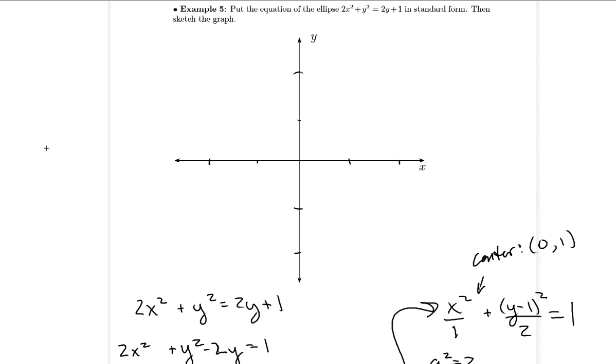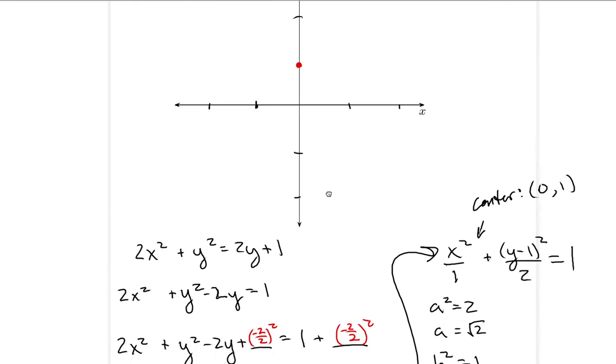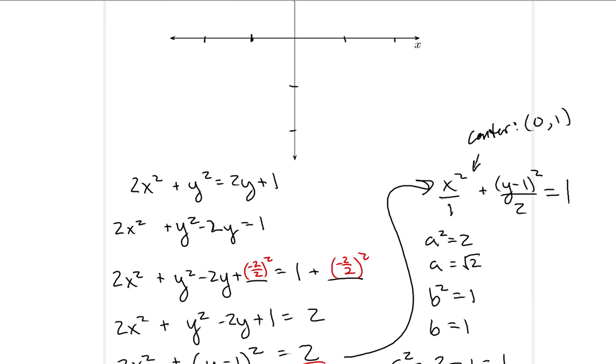All right. So each of these is just 1. So my center is right here at 0, 1. My a goes square root of 2 in either direction from here, right? Square root of 2 is 1.41. Let me scroll back down here, right? a equals root 2.